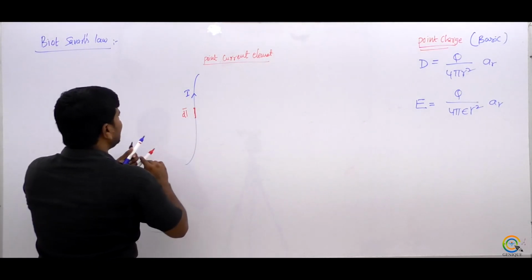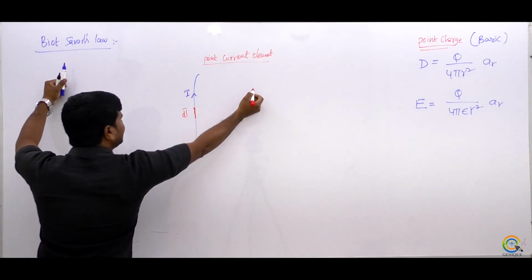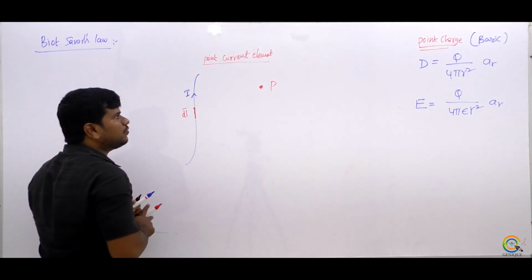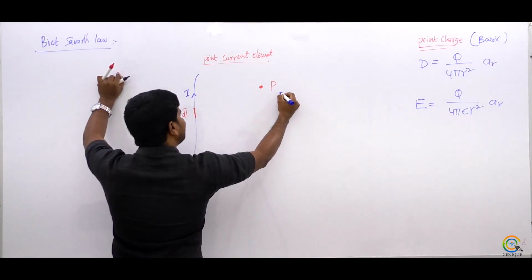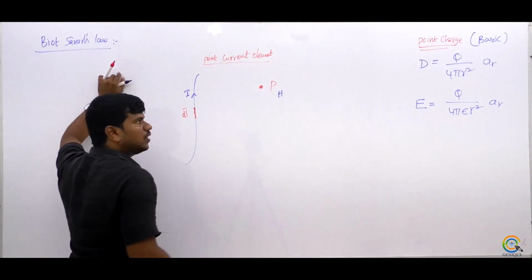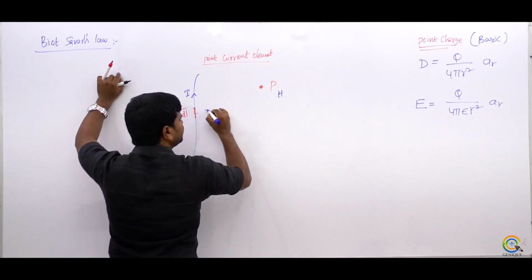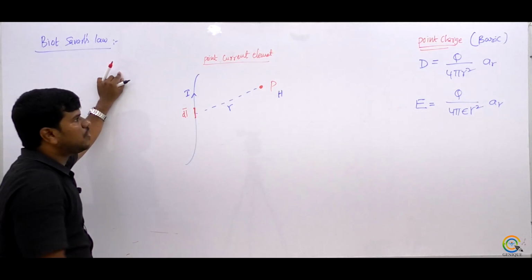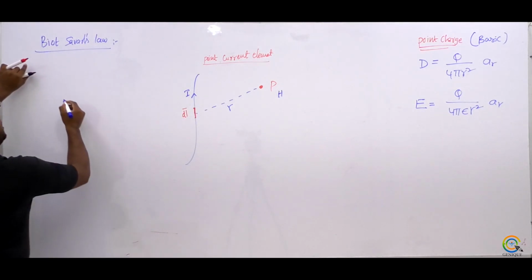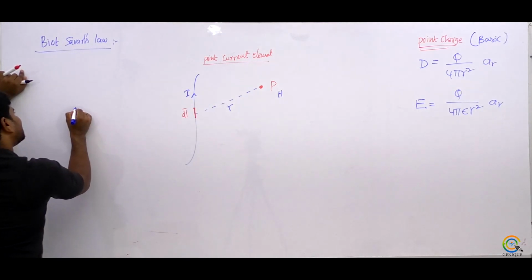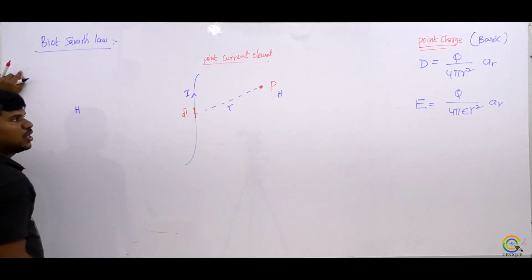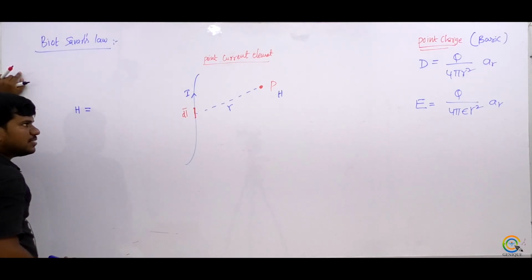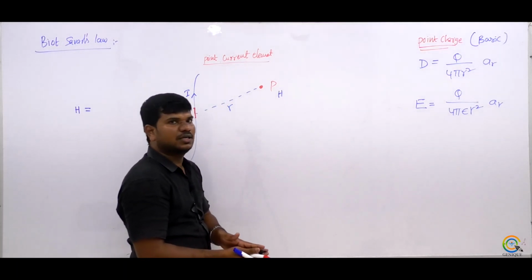So due to this, if I want to find at any point P the magnetic field intensity H, from here to here at a distance of R, how can we express the magnetic field intensity H due to this point current element?